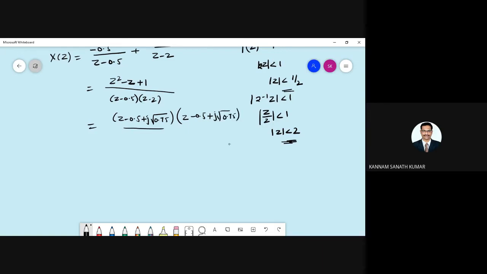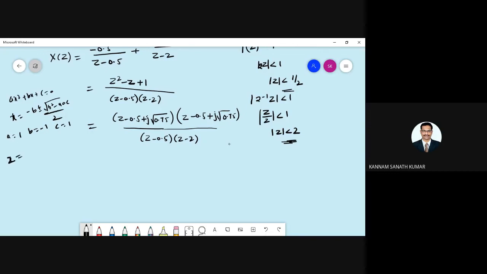Okay, so that means for ax square plus bx plus c equal to 0, if you apply the roots formula, x equal to minus b plus or minus square root of b square minus 4ac by 2a. Here a equal to 1, b equal to minus 1, c equal to 1. So you apply the roots.